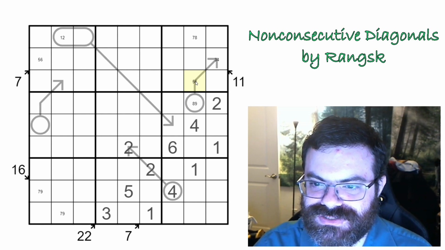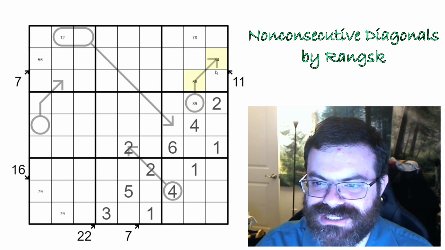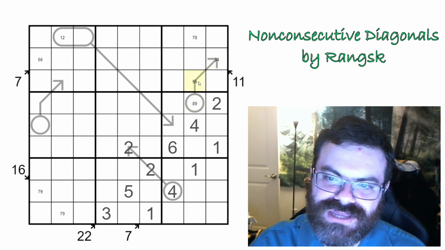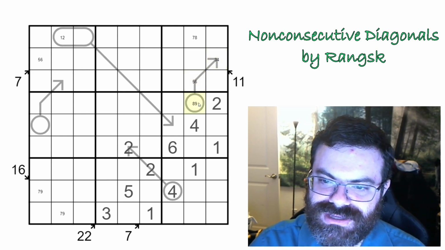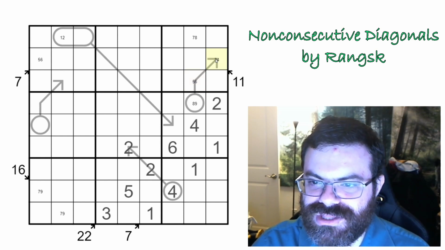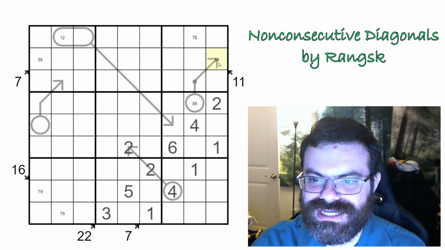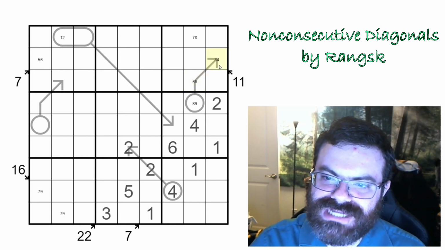Then 6, 5, 4 isn't possible because 5, 4 would be consecutive. So even though that is a way to make 9, it's not possible. The other possibility is 6, 3 making 8. So actually we're a 5 or a 6 with a 3, because 5 and 4 would be consecutively diagonal, and 6 and 4 would add to 10.